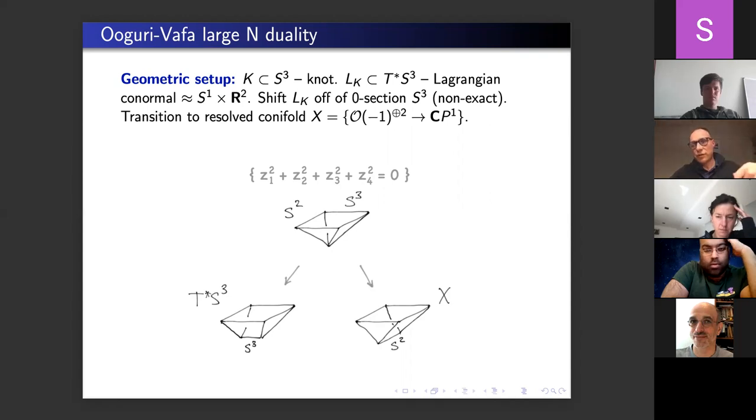So you'd have to set q equal to e to the g_s, the genus parameter, and then this A is supposed to be the area under this transition. So the curve count in the Skein, say if you're in T*S^3, will turn into an actual curve count in the resolved conifold, provided you can do away with the boundary on the knot conormal.